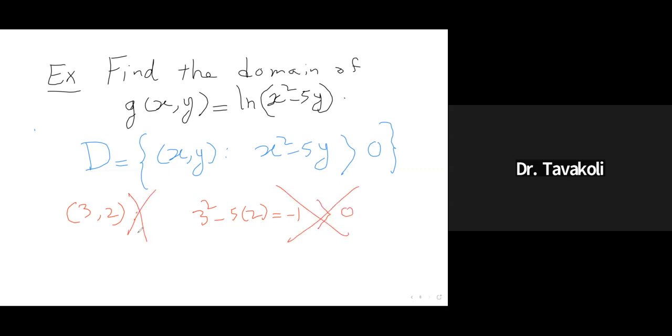So this is not in the domain. But the point, say, 4 and 3, is in the domain because 4 squared minus 5 times 3 is positive 1, strictly more than 0. So the point 4, 3 is in the domain.